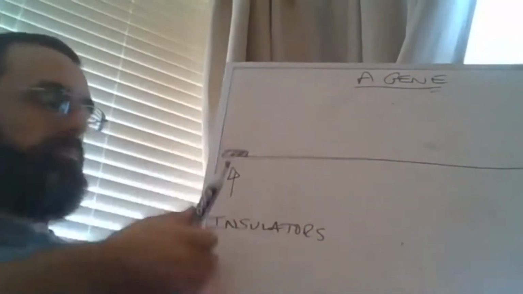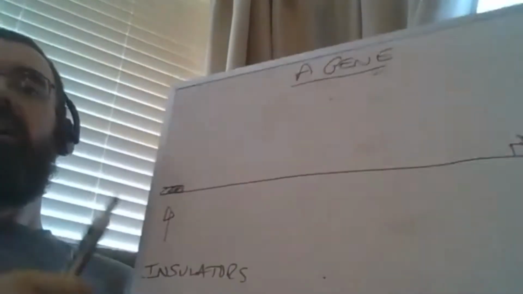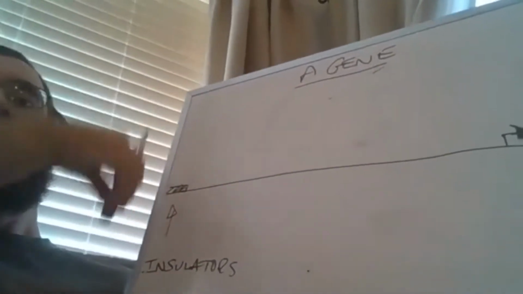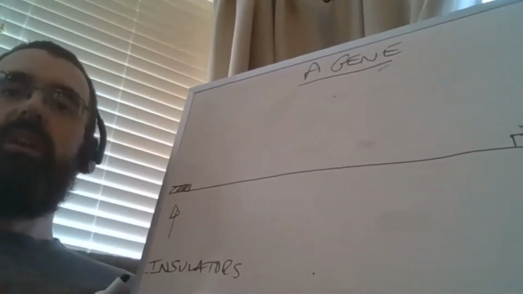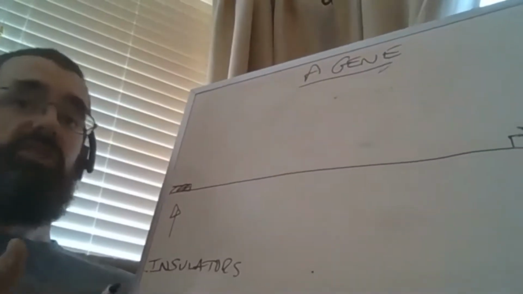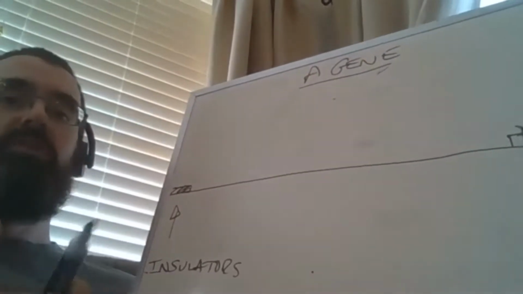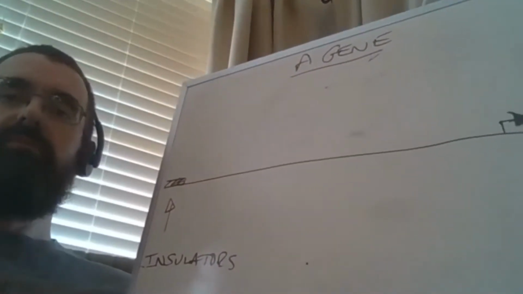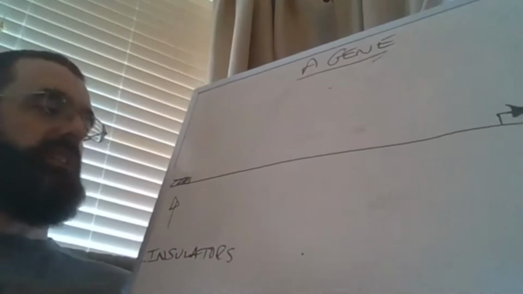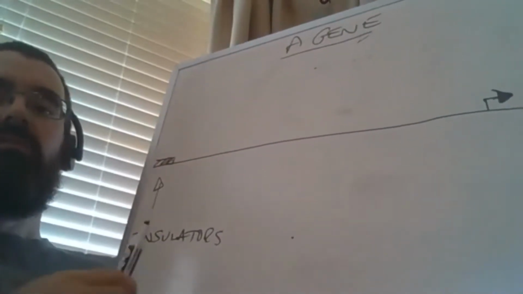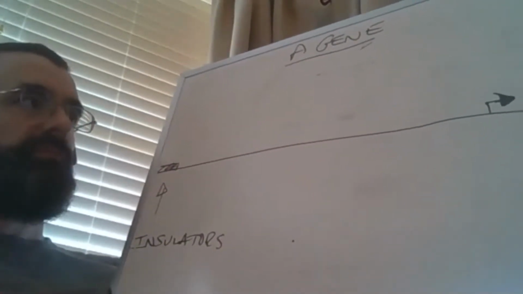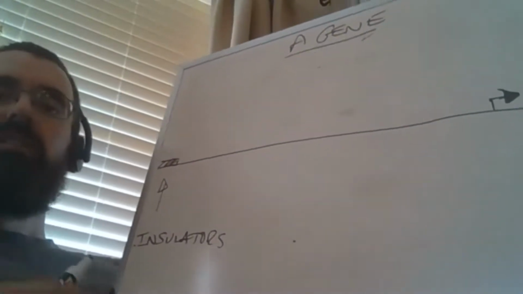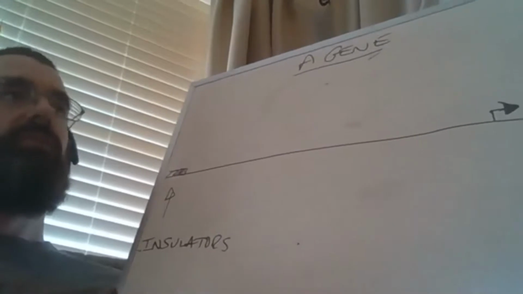So we basically block off that gene by, in a way, building a little wall between those two genes. They share the same chromosome, but you don't want them to be coordinately regulated. They are going to be expressed under different contexts, so you need to insulate them from each other. Cool.